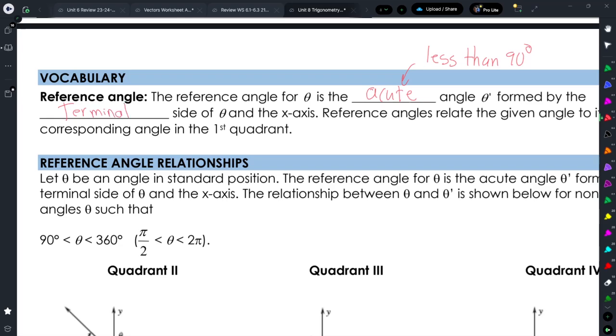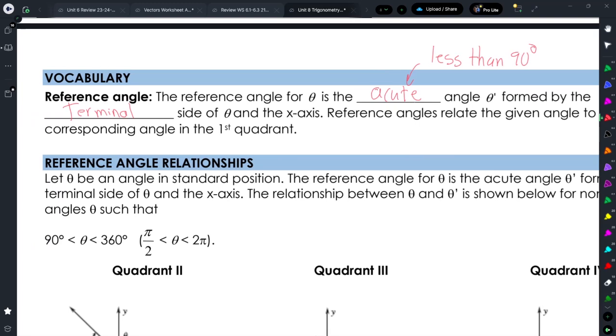Reference angles relate the given angle to its corresponding angle in the first quadrant. So reference angles are similar to coterminal angles, but the reference angle just tells you kind of what its spacing or what family it is in, and that'll make more sense in a moment later on when I talk about families. But the reference angles will tell you some information about your angle that you're asked about, but not everything.